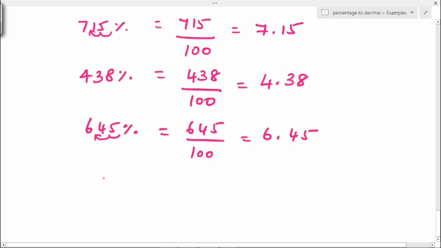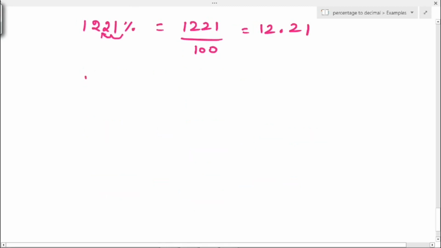Suppose we have a 4-digit number like 1221 percent. That is 1221 divided by 100. Again we start from here and move the decimal 2 places to the left. So 1, 2. The answer is 12.21. Suppose 1010.